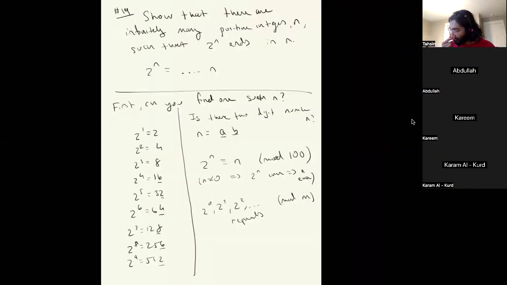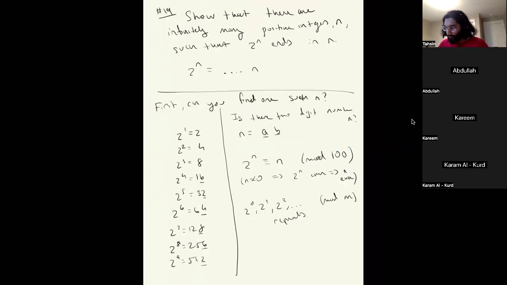So what's the important thing here? We can take this equation and split it into 2 to the n is congruent to n mod 4, and 2 to the n is congruent to n mod 25.